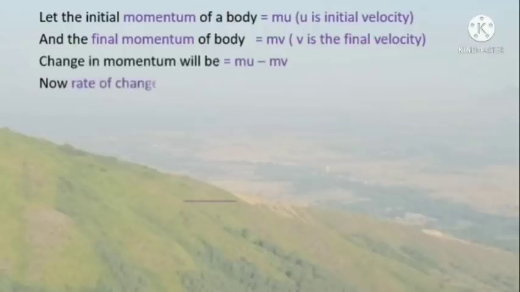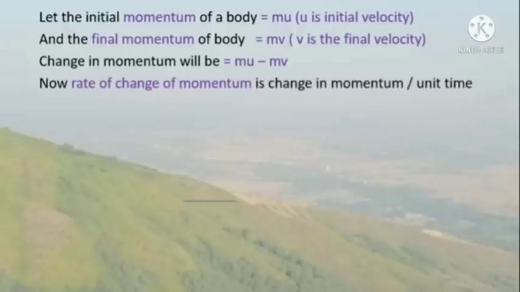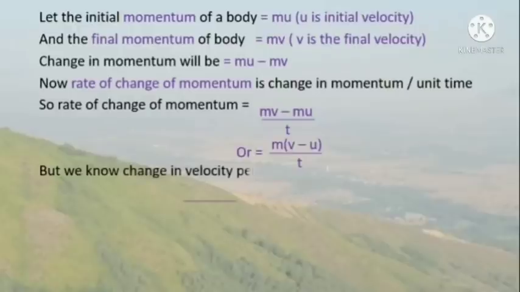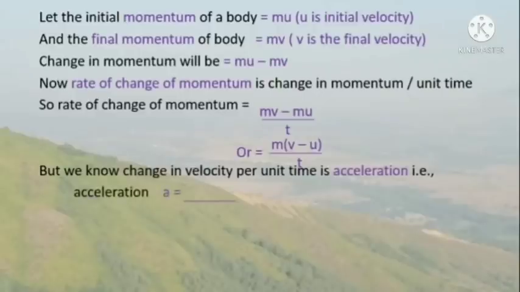Since rate of change of momentum is change in momentum per unit time, the rate of change of momentum is this. But we know change in velocity per unit time is acceleration. That is, acceleration is this.